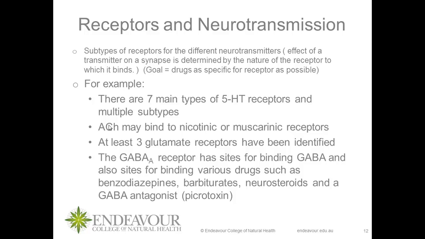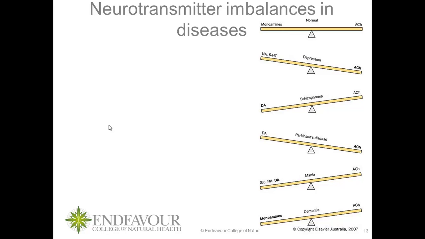There are other drugs that also work at that same site or related sites, barbiturates, neurosteroids, and picrotoxin, a GABA antagonist, works at, once again, not the actual GABA receptor itself, but at a binding site.